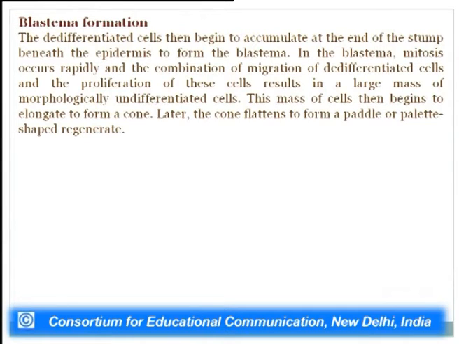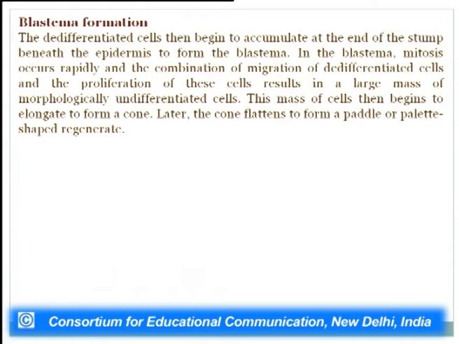The next is the blastema formation. The dedifferentiated cells begin to accumulate at the end of the stump beneath the epidermis to form what is called the blastema. In the blastema, mitosis occurs rapidly, and the combination of migration of dedifferentiated cells and the proliferation of these cells results in a large mass of morphologically undifferentiated cells.